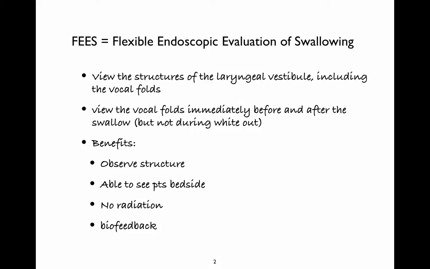That's because there is a moment during FEES called whiteout, and that is caused by the action of the epiglottis, which flops down over the vocal folds and obscures our view. All we can see is the white light from the endoscope reflected off of the epiglottis. We'll see what that looks like in just a moment.